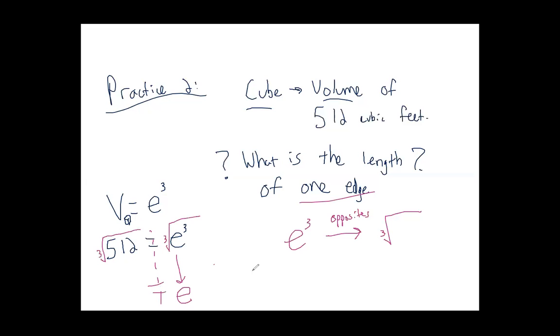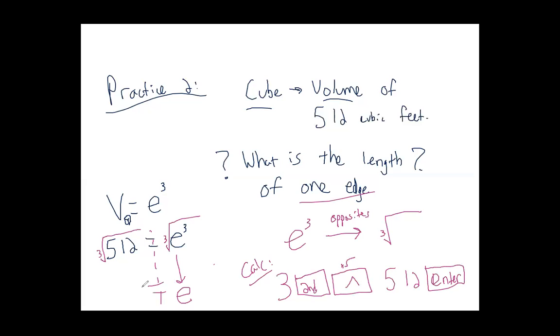Again, on the calculator, I have to hit 3 first. Then I hit second. Then I hit the caret, because above it is that little radical symbol. And then I type in my number and hit enter.